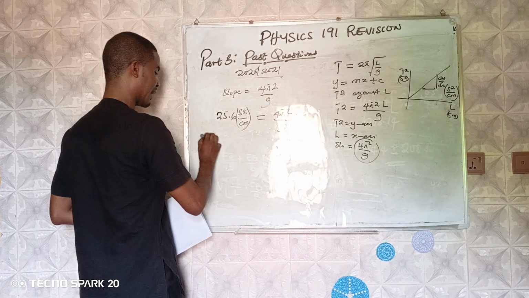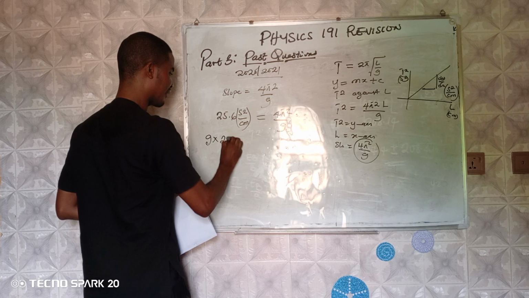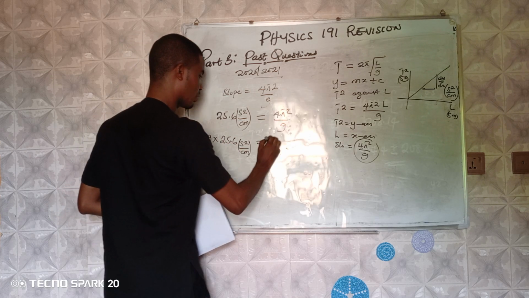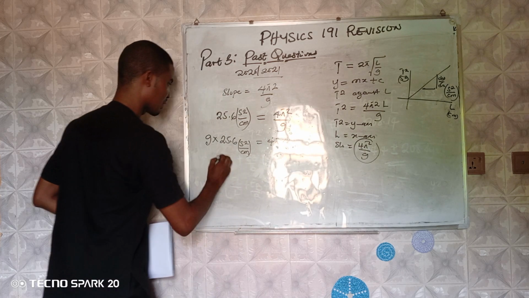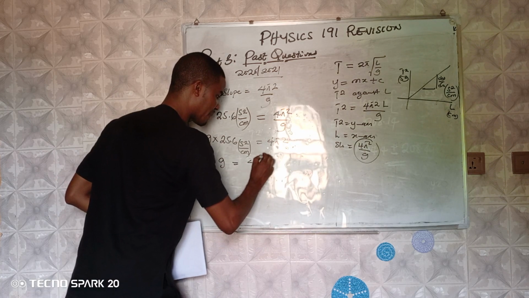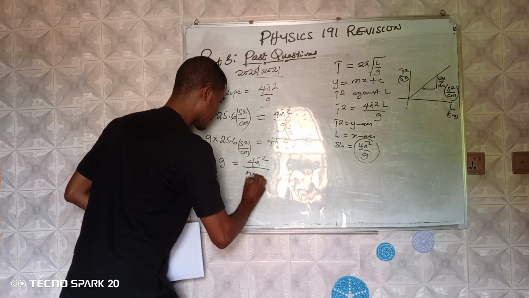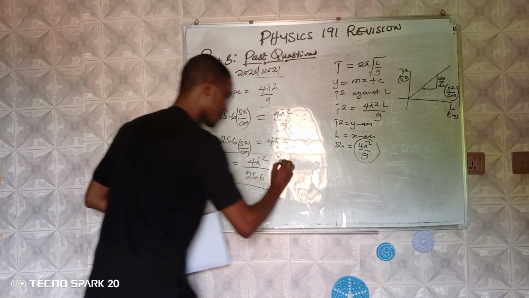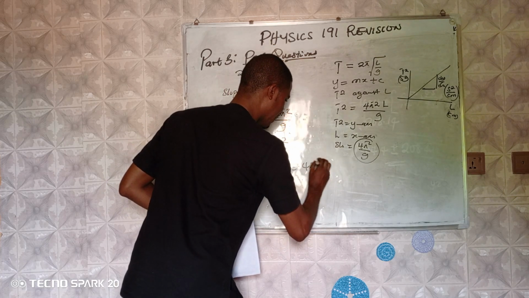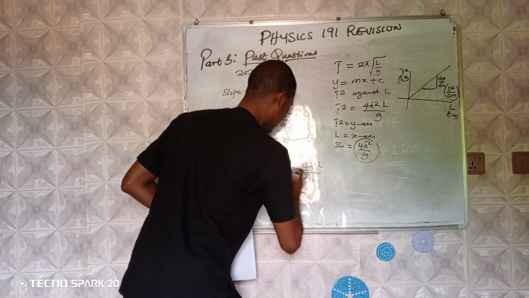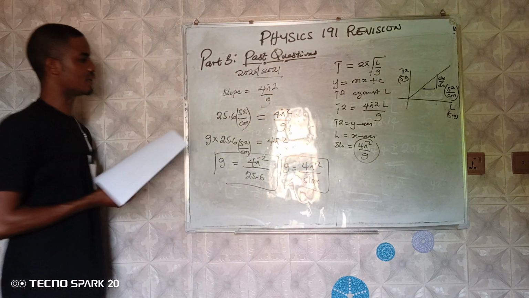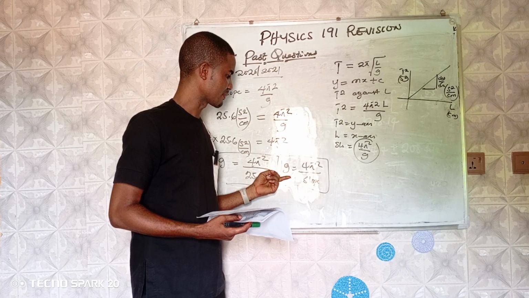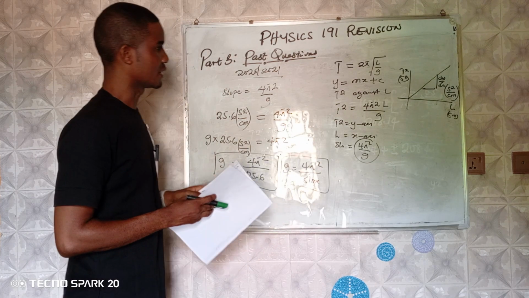I cross multiply: g times 25.6 second squared over centimeter equals 4 pi squared. So g becomes 4 pi squared over 25.6, or g is equal to 4 pi squared over the slope. That is the value of g, and this g is acceleration due to gravity.